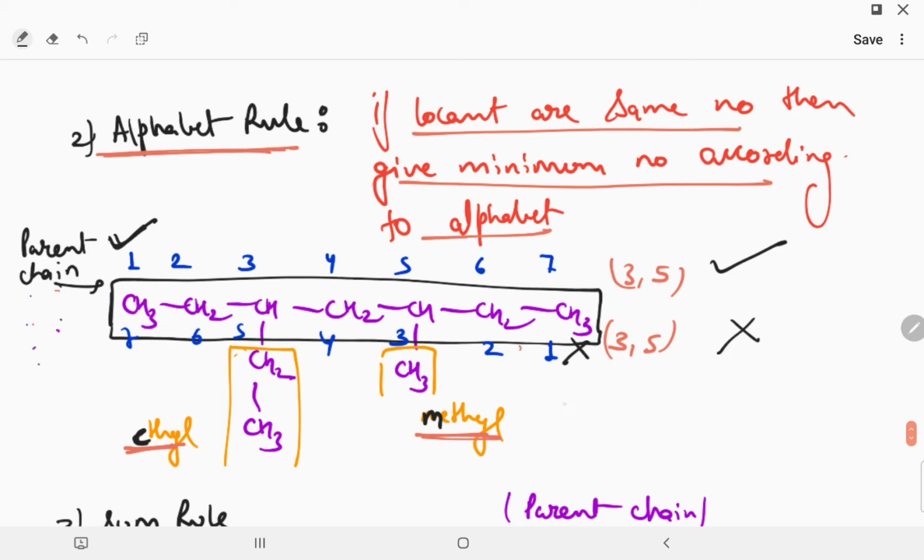So we cannot write this because we cannot select this chain; we have to give the minimum number according to the locant rule.